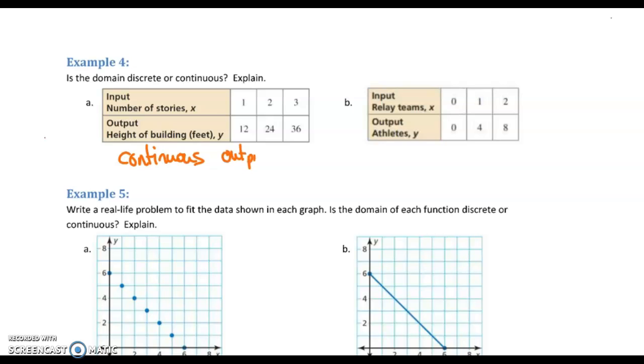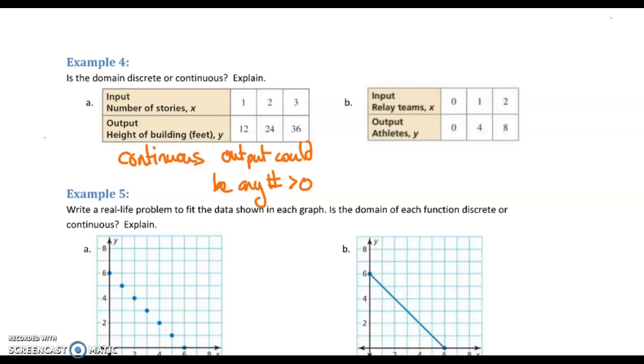Your feet of the building could be any number that's greater than 0. I mean, you can't have a building that's 0 feet high. You don't have a building in that case. So you can have any number greater than 0. And theoretically, there is a cap on it, but it would be continuously growing. You could have buildings that are 36 feet tall. You can have buildings that are 41 feet tall. There's no specific number they have to be.